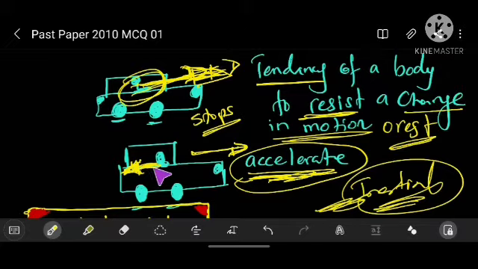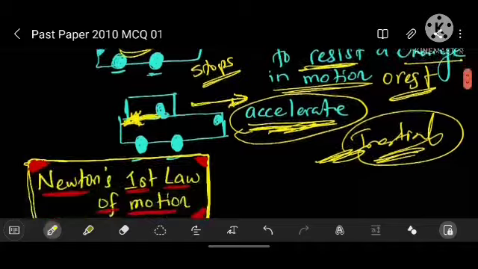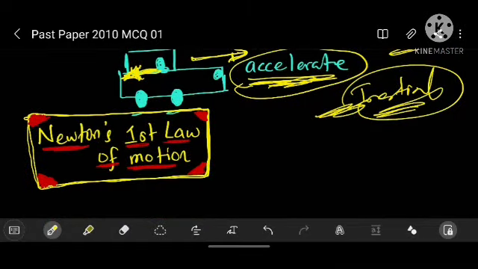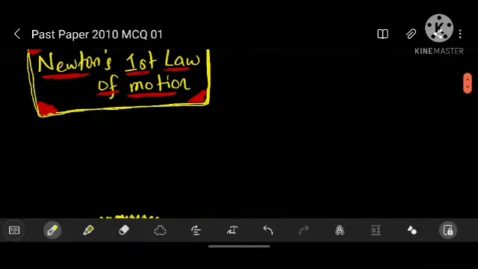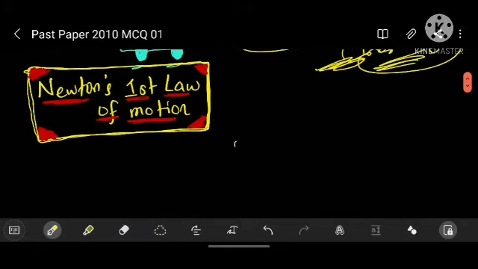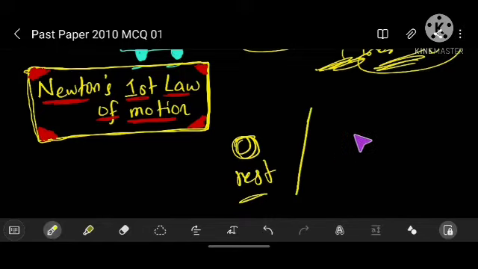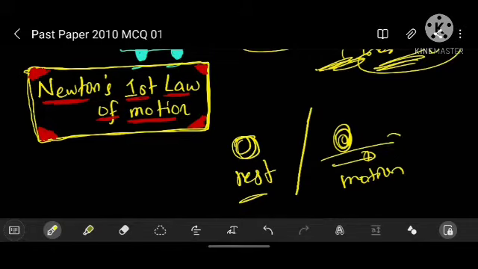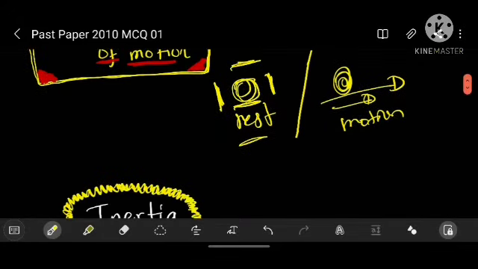The phenomenon occurs because of Newton's first law of motion. Let's say a ball at rest, or in motion, will continue to be in the same state unless acted upon by an external force.